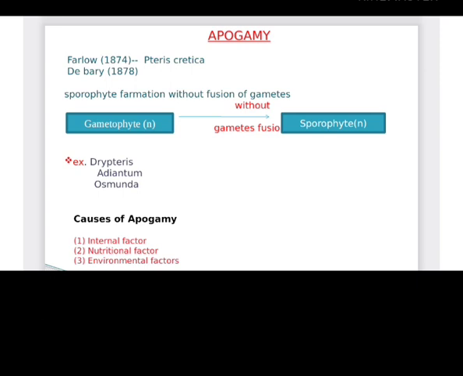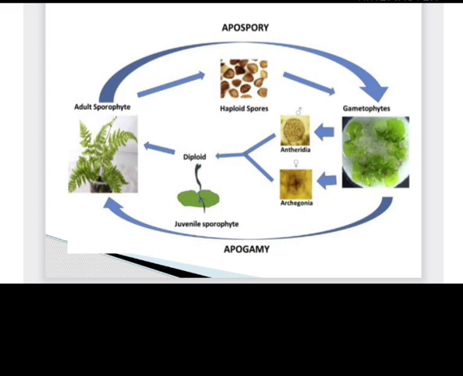In apospory, the adult sporophyte gives a haploid spore, which gives the gametophyte. In apogamy, the juvenile sporophyte gives a diploid sporophyte.